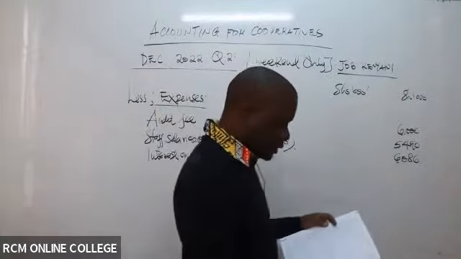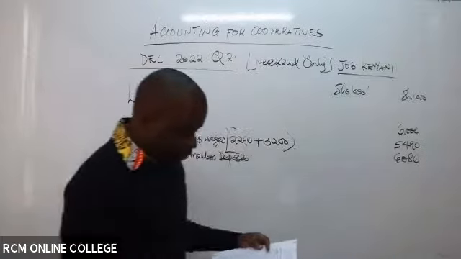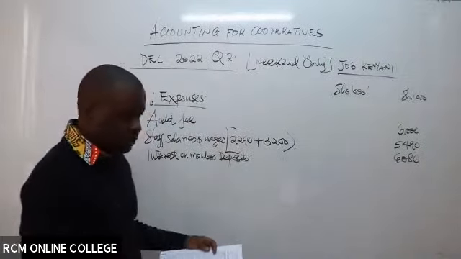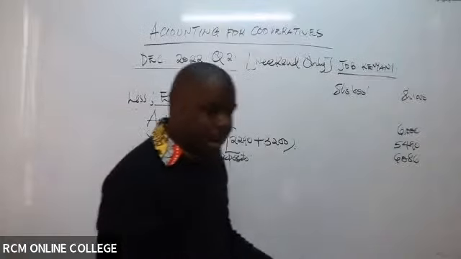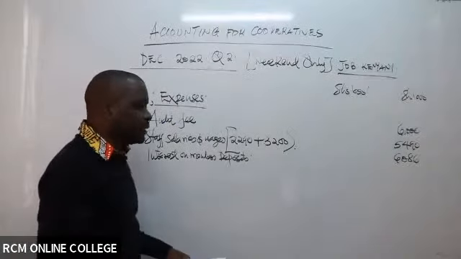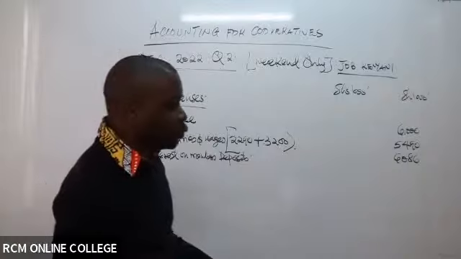Once you are through with the additional information and the items affecting the trial balance, we go back to the trial balance and pick out those expenses which we are yet to knock out.